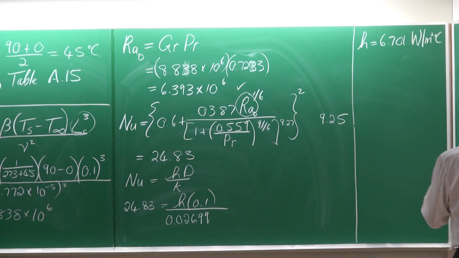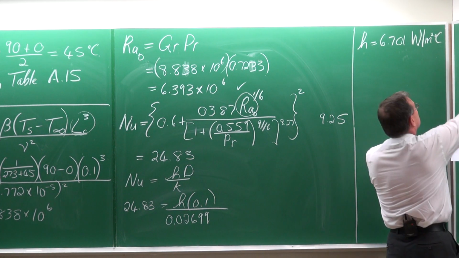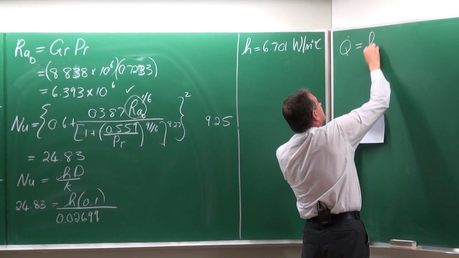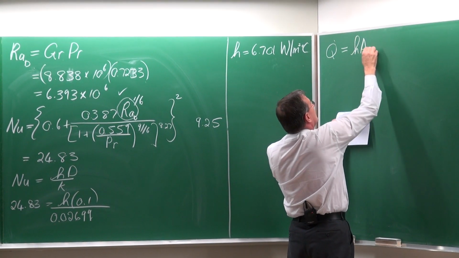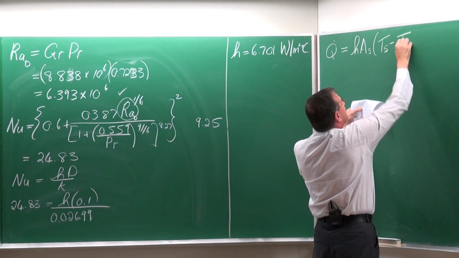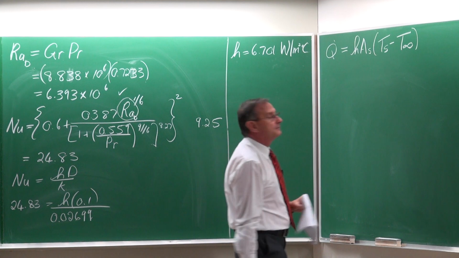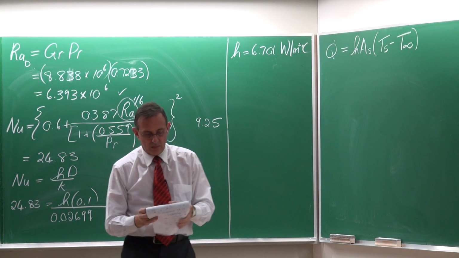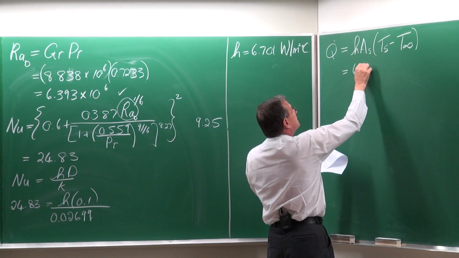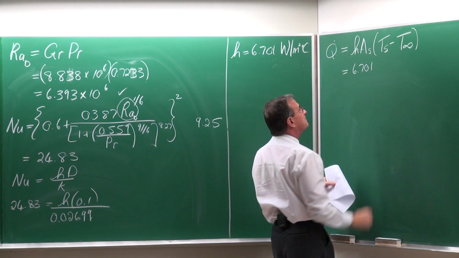Right. So now that we've got the heat transfer coefficient, let's calculate the heat transfer rate. The heat transfer rate is then equal to the heat transfer coefficient multiplied by the surface area multiplied by Ts minus T infinity. The heat transfer coefficient is equal to 6.701.